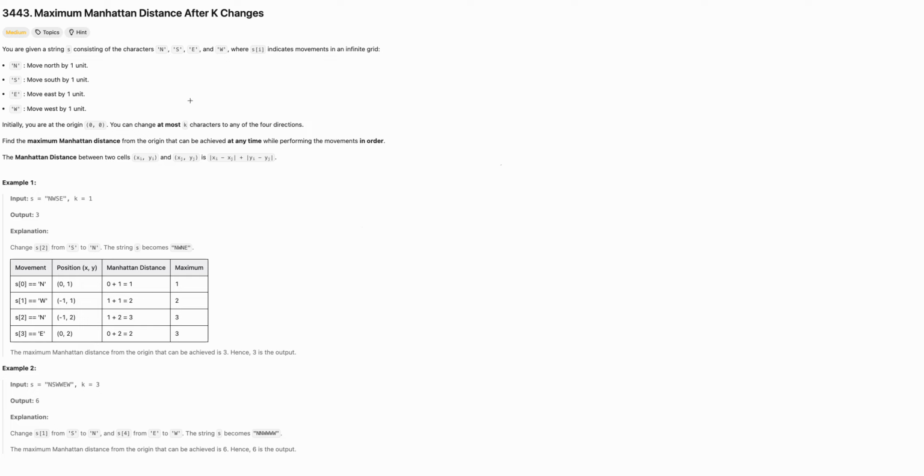So this is the closed form solution of the Manhattan distance, and from this formula we can rewrite it using the frequency of n, s, e, and w. So let's say we have the frequency of n, frequency of s, plus the frequency of w, and the frequency of e.